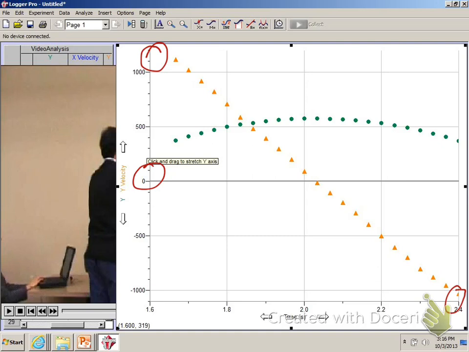And we can see that the magnitude of the velocity here and the magnitude of the velocity here is about the same, just in opposite directions. Okay, and this makes sense. The ball slows down, comes to a stop, and increases in velocity in the negative direction. Okay, now let's use this information to help us solve our problem.